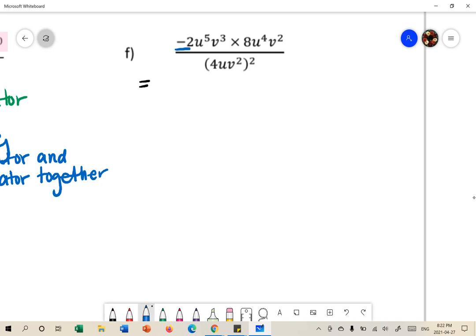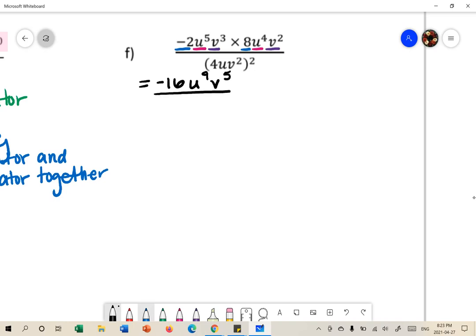My coefficients, I'm going to multiply them together. My powers of U, I'm going to keep the base the same and add my exponents. For my V powers, I'm going to keep the base the same and add my exponents.